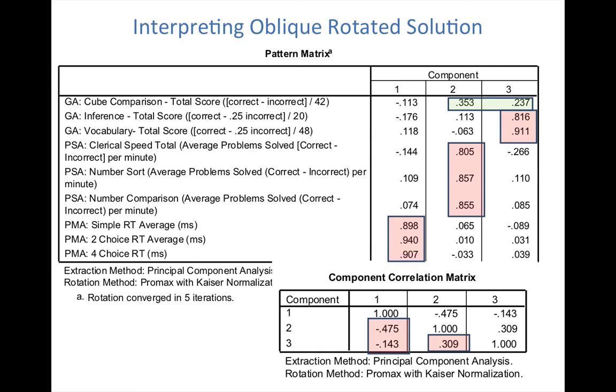And when I reflected on that, the cube comparison test actually did have quite a lot of perceptual and speeded characteristics. So we've got an interpretation of our three factors, and we can verify that they group together from that factor loading table. And you can see how a rotated solution is quite different to the unrotated.